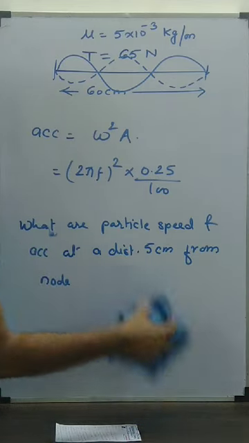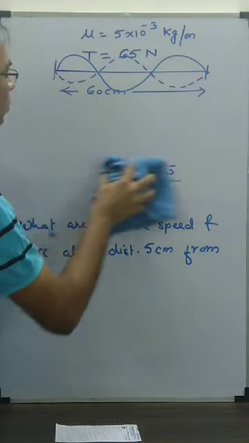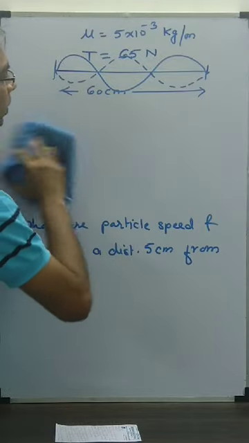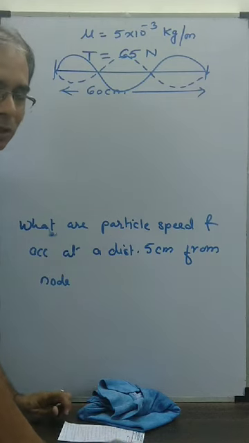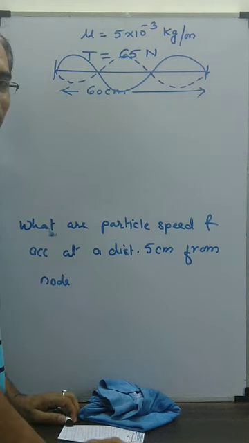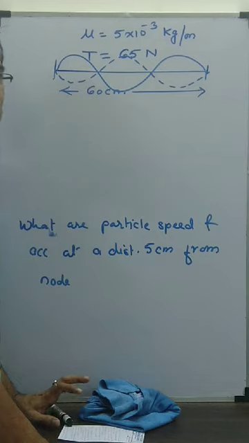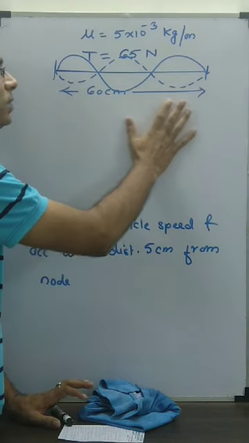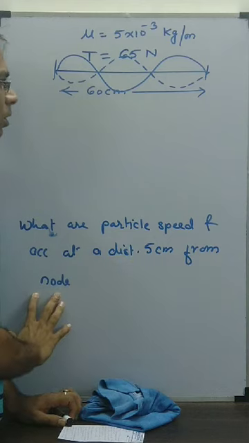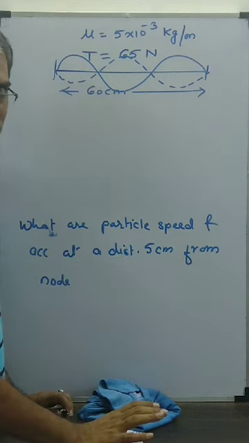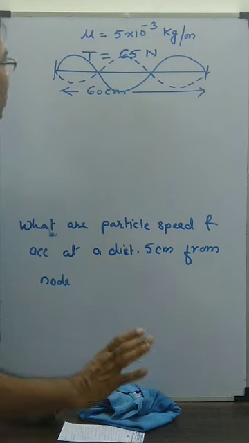Okay. Now how to find it? First of all, whatever the particle be in this standing wave, all are doing simple harmonic motion, there is no doubt about that. But what we know is every particle in this standing wave has different amplitude. So for this particle which is at 5 centimeter from the node, we have to find what is its amplitude. That's the main thing.